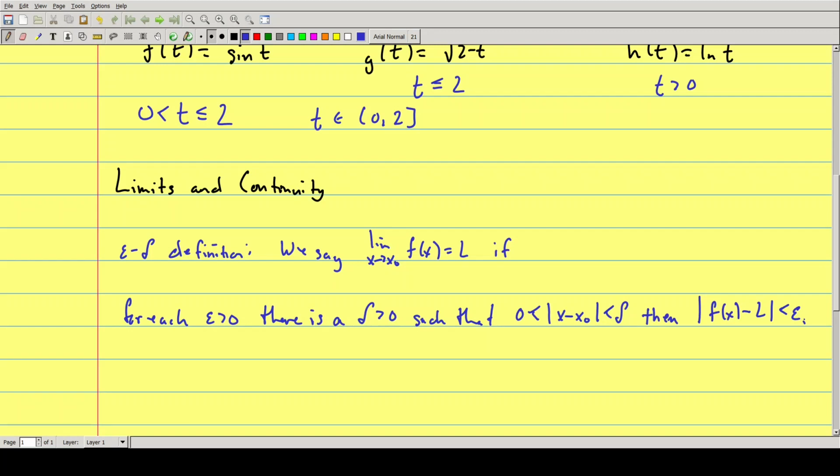Okay. So this was the definition for one dimension. Okay. And it turns out that there isn't much to change if we want to talk about this in terms of vectors. I'll just use x.